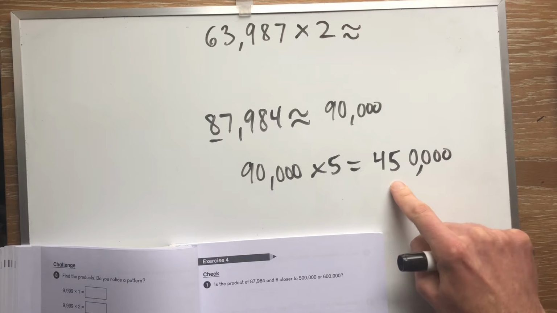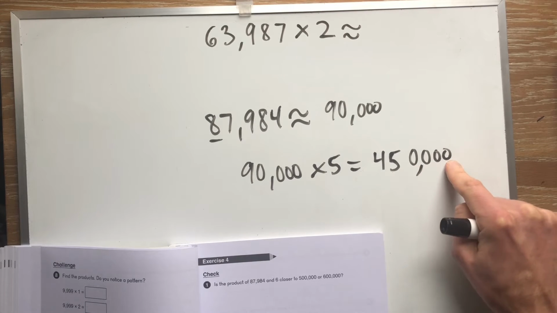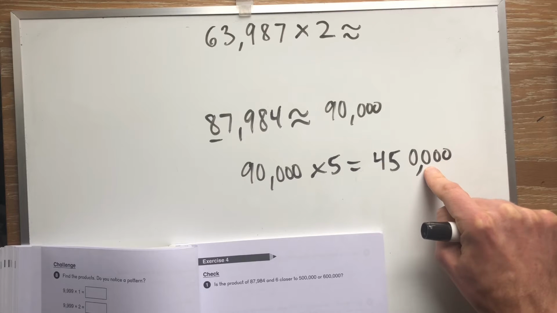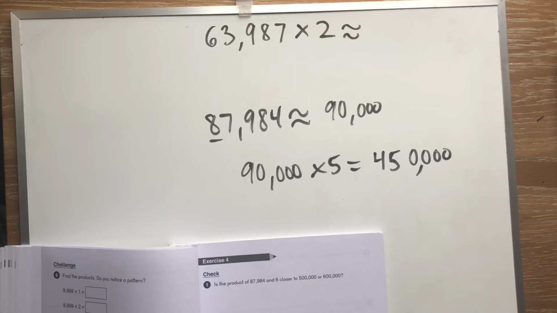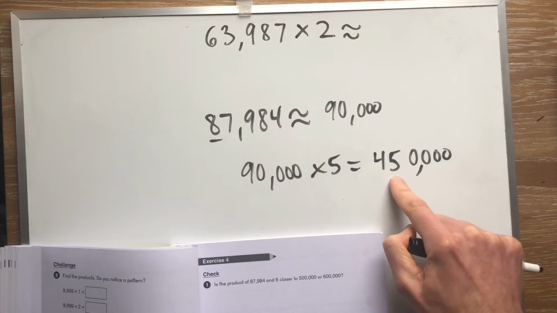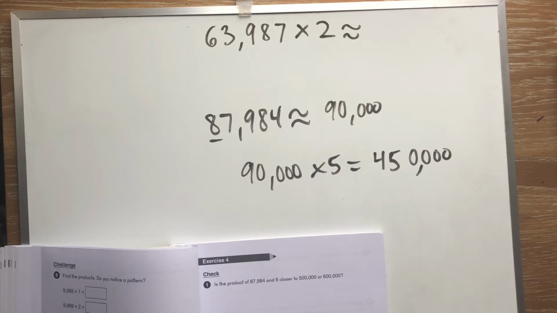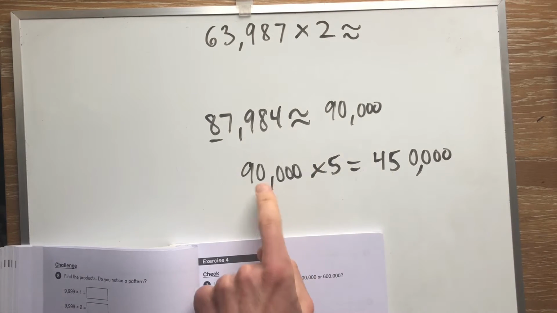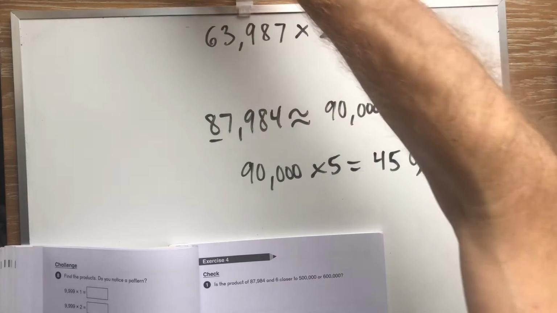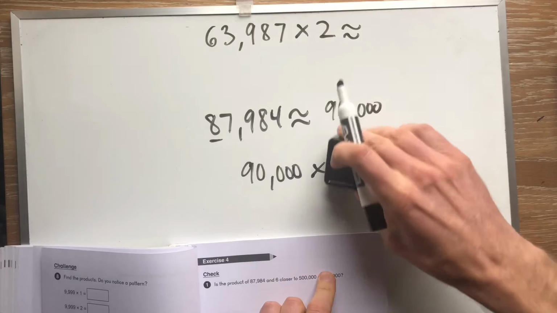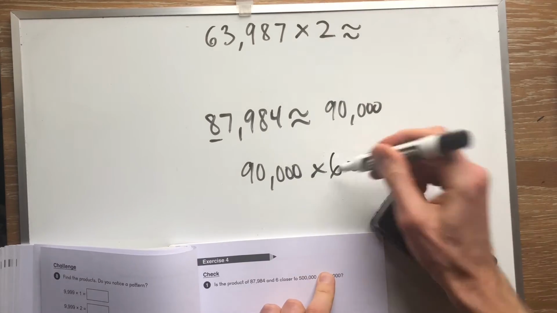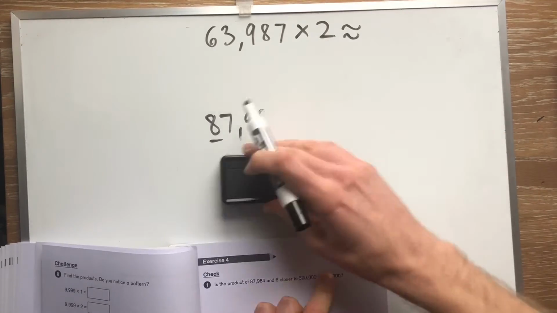So 45 and then a 0 in the ones, tens, hundreds, and thousands, and the 5 is in the 10,000 spot. But a sure way to do it is to cover the zeros and then reveal them. That's how you do it, except you're going to want to substitute a 6 for that, and you're going to get a different answer.